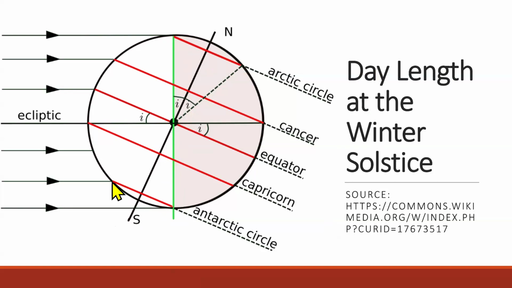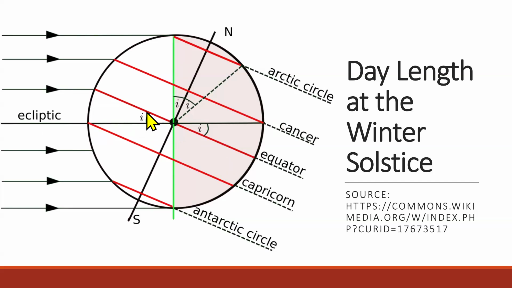And notice that the rays of the sun are coming in perpendicular to this green line from the left. So if we draw a line through the center of the Earth, and we draw it out into space, then we're going to call that the ecliptic. So this would be the equator if the planet wasn't tilted, right? But the planet is tilted, so the equator is this red line, right?